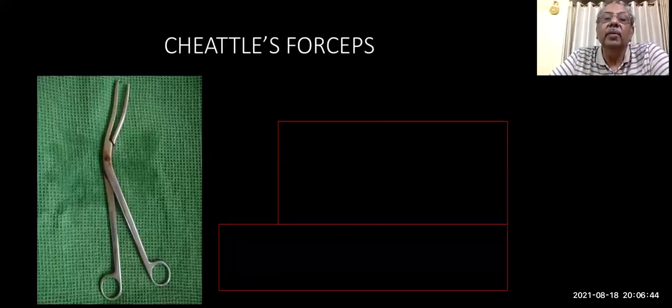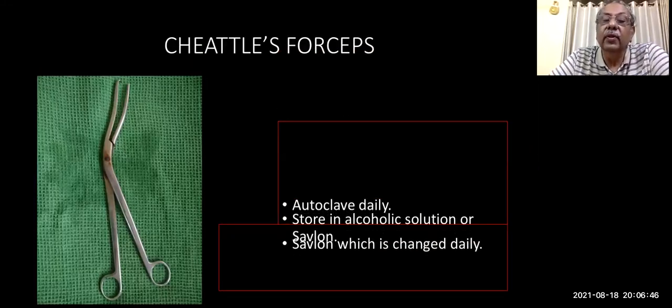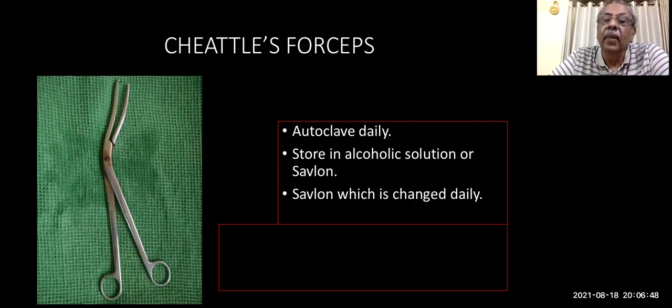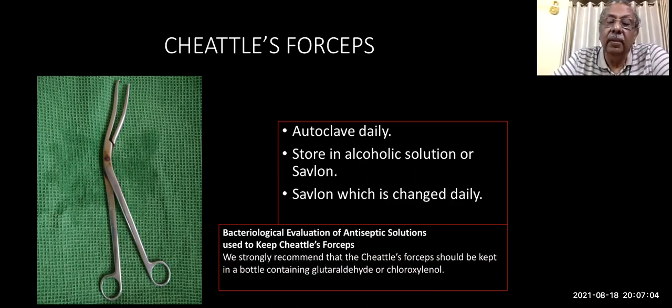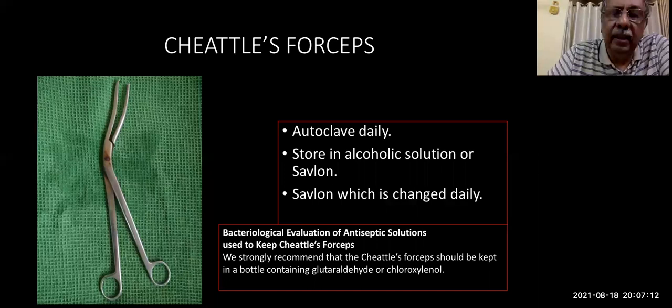Then another instrument is the Cheadle's forceps, which is always there. It should be autoclaved daily, storing it in an alcoholic solution of Savlon. And how often will you change the Savlon? It should be changed at least every day. Some studies suggest that glutaraldehyde is better than Savlon for keeping these Cheadle's forceps.